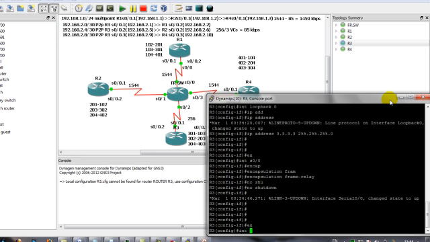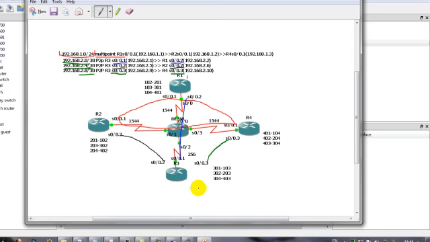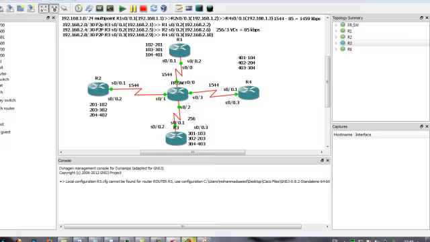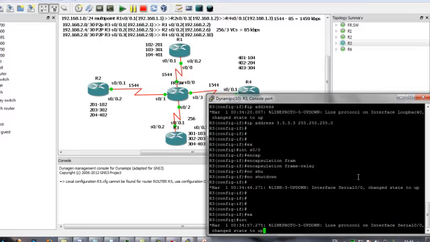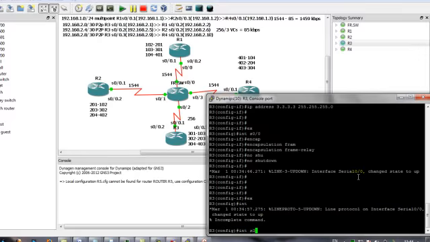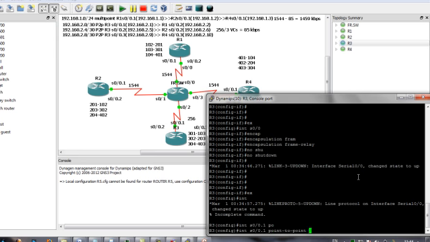Now exit. Interface serial. Look at this, just go back to this picture. As you see here, serial 0/1 point-to-point, serial 0/2 point-to-point, serial 0/3 point-to-point. So now go to Router 3, interface serial 0/0.1 with point-to-point.